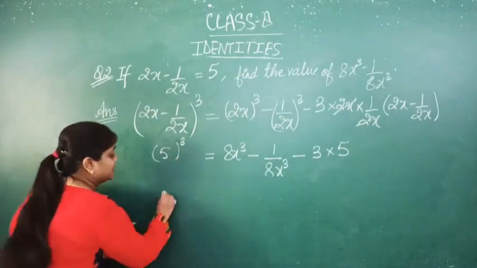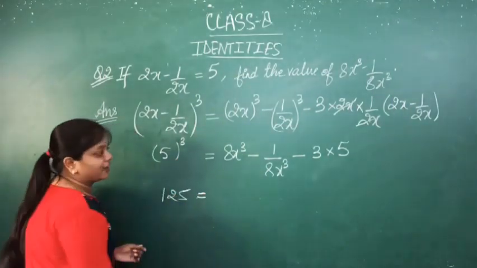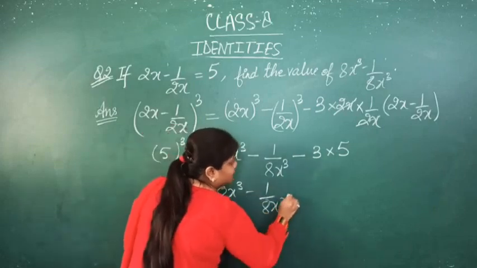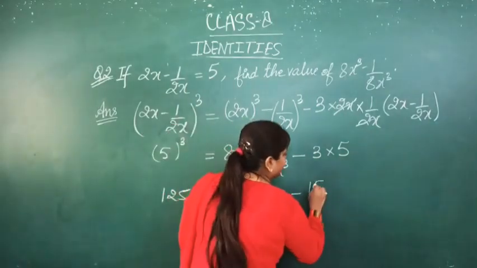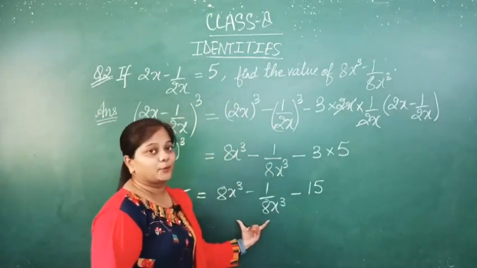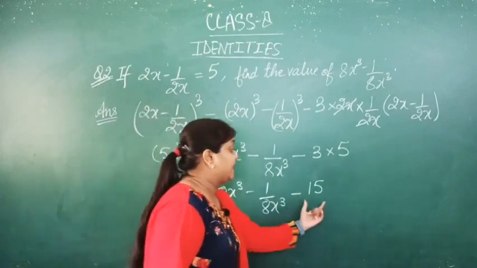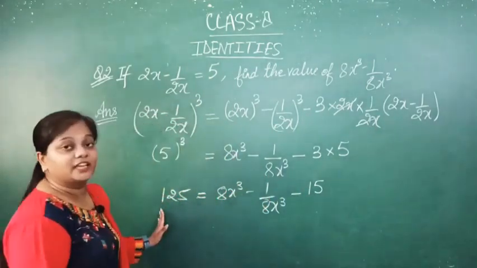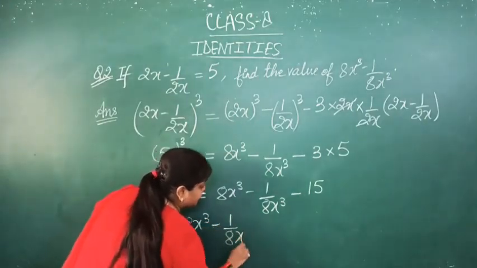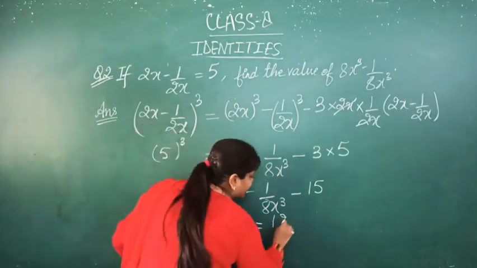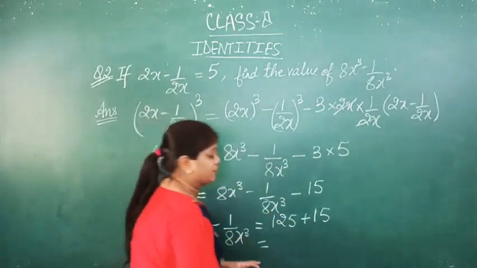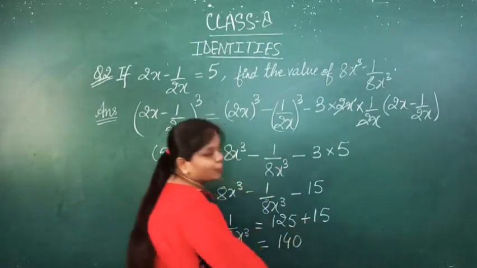Here 5 cube is 125 and 8x cube minus 1 upon 8x cube minus 3 into 5 is 15. In the question we have to find 8x cube minus 1 upon 8x cube. Therefore, we will take this minus 15 to the other side of the equal to sign. We will get 8x cube minus 1 upon 8x cube is equal to 125 plus 15. And 125 plus 15 is 140.